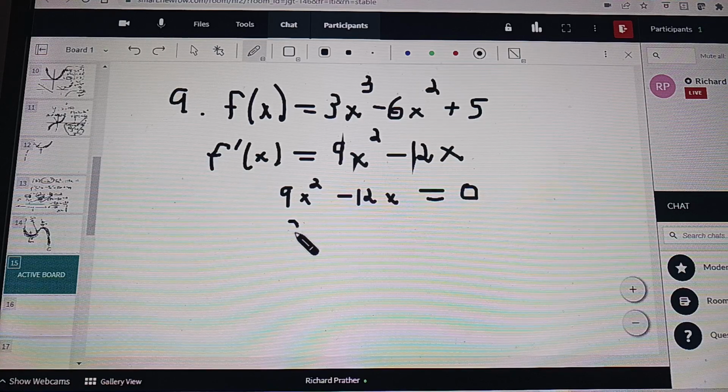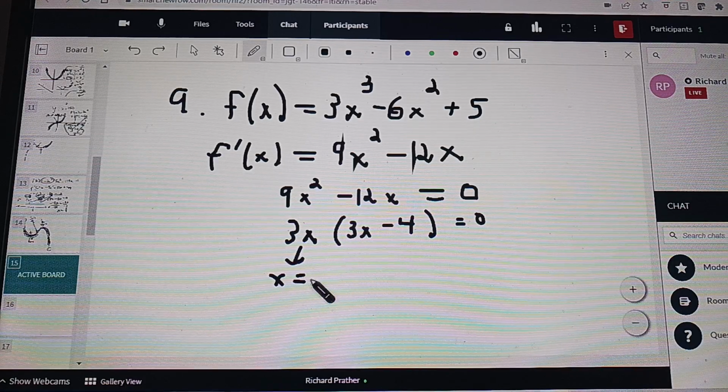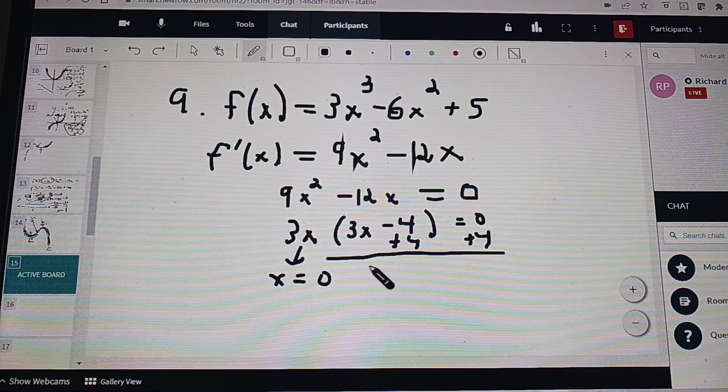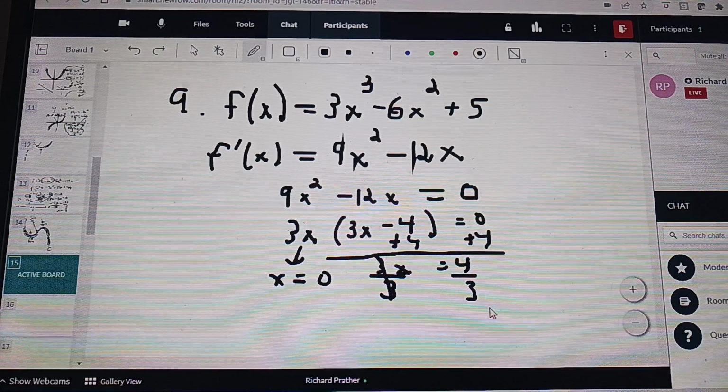There's a GCF of 3x, leaving 3x minus 4. One of the critical numbers is 0 itself, and for the other one you'd add 4 and divide by 3. So the other one is 4/3. 0 and 4/3. Here are your two options.